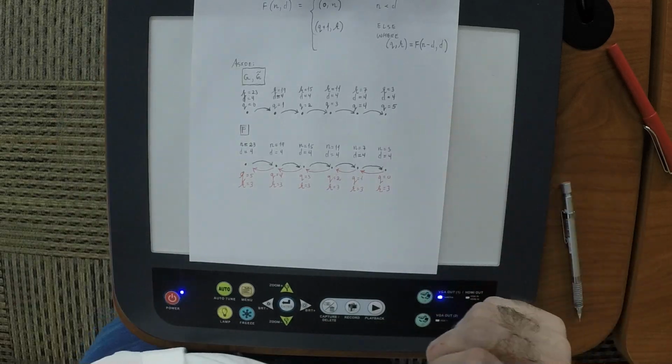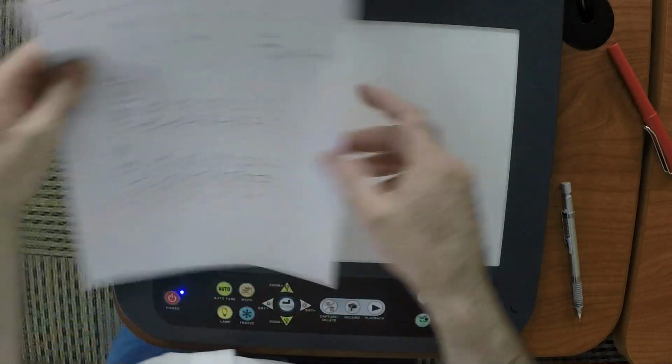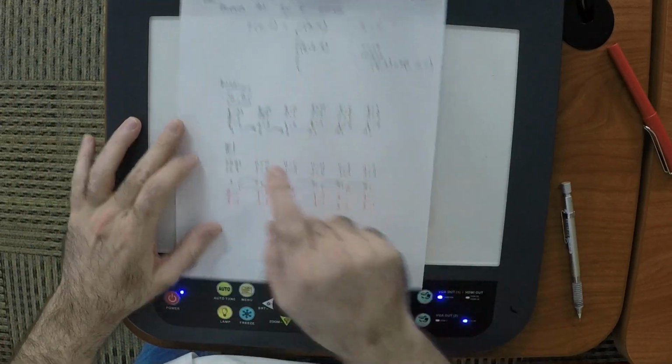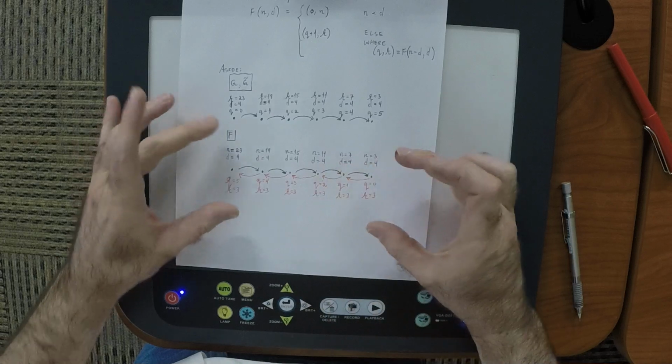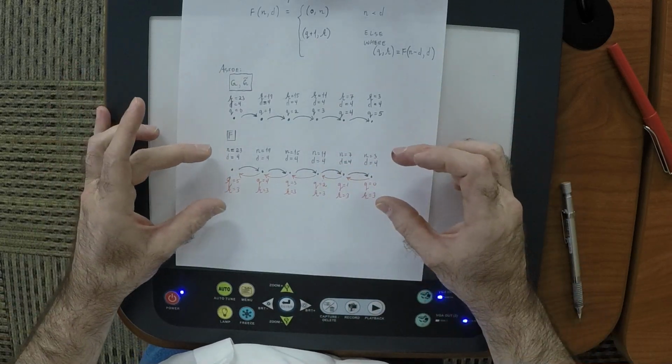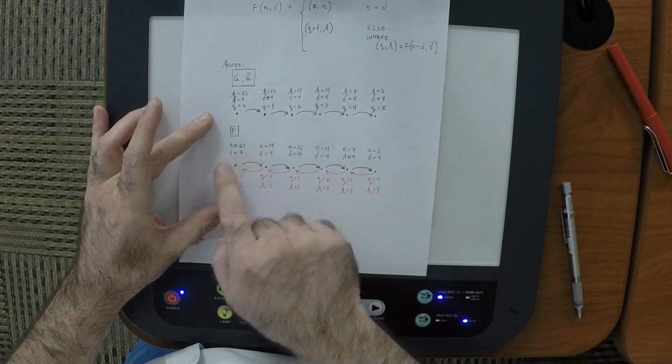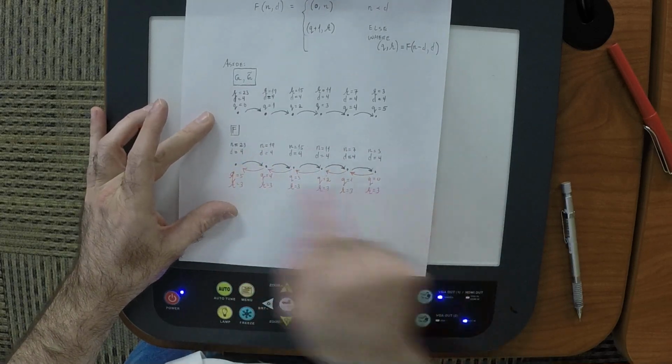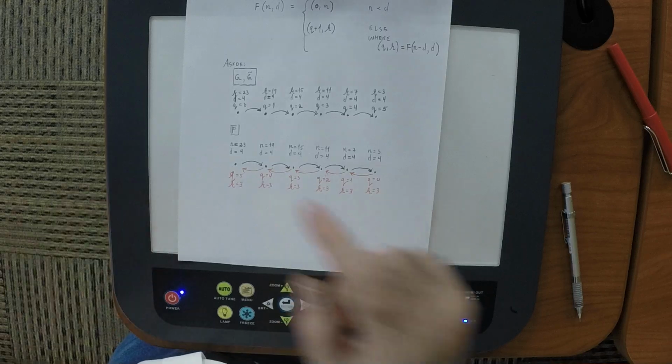So to that end, we want to be able to represent this computation nicely. Here's one nice way to illustrate the computation, with dots and arrows and things like this.